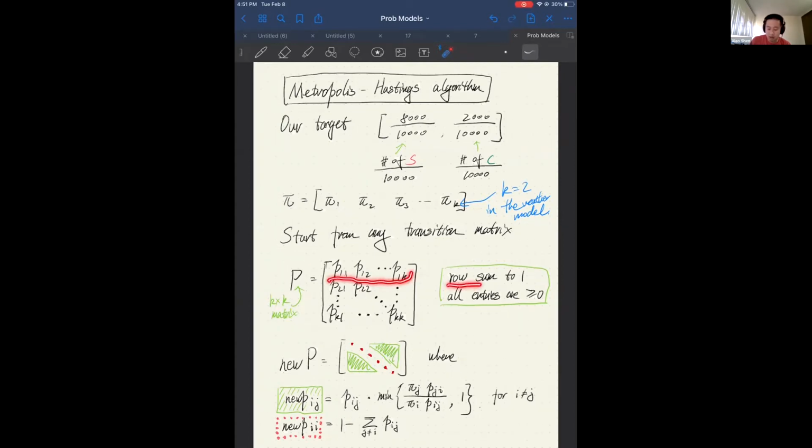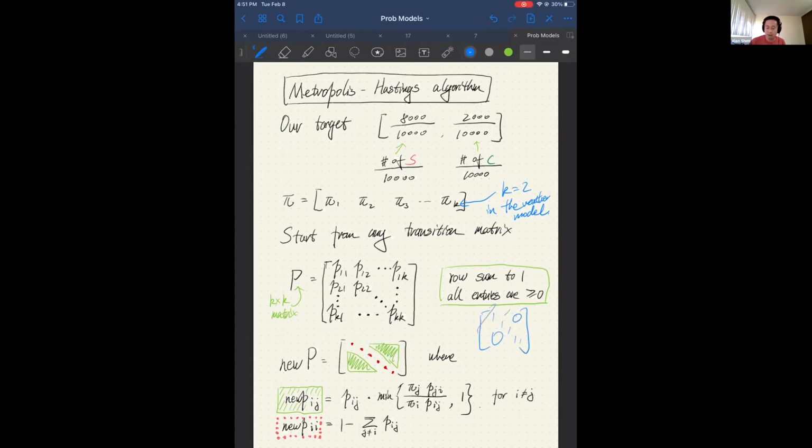So each row here, all the entries would add up to 1, just like in the special case of our transition matrix. And of course, all the entries are non-negative. Another additional assumption we might put is that we don't want to be at the identity matrix. That just means we don't want this matrix with 1 on the diagonal and 0 elsewhere, right?